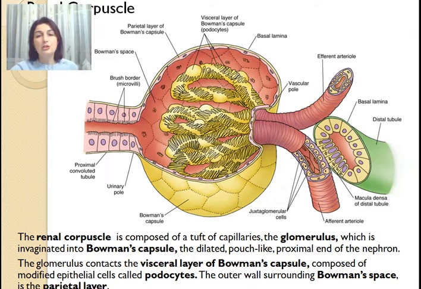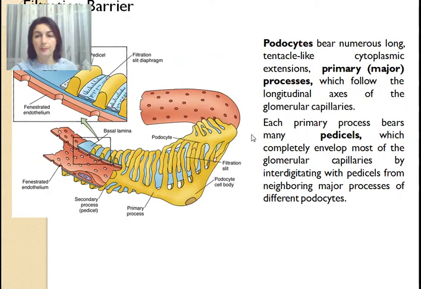Actually, from each cell body of the podocyte arise two large processes, cytotrabecules. From the cytotrabecule arise small processes which are called cytopodia, as we see here. So we have a primary process like this one, and secondary processes called pedicels.